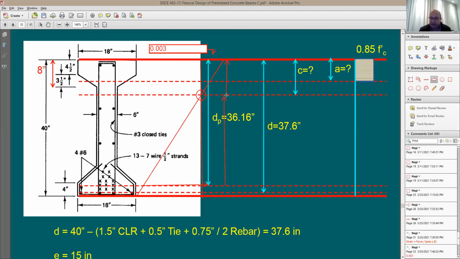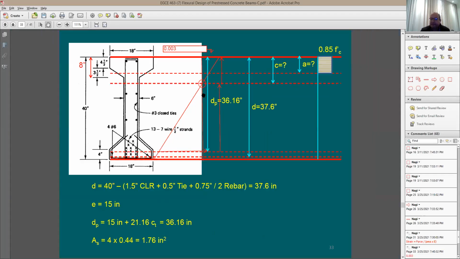C is going to be from here to there. So you have here two similar triangles. You take the strain in the steel divided by dP minus C, which is equal to 0.003 divided by C. You have the dP value, you have the C value because you have just solved for it, and you have the strain of the concrete, the 0.003. Now you should be able to find out the strain in the steel.